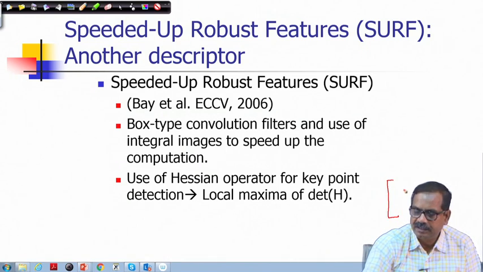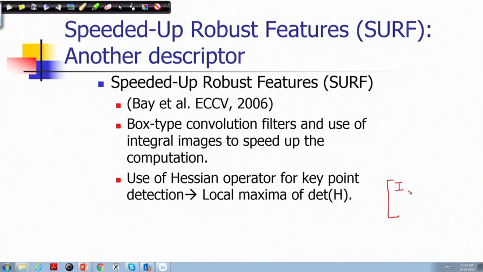So, for an intensity image, you perform double derivatives along the x direction, then along x and y, y and x, and y directions. This is your Hessian operator.